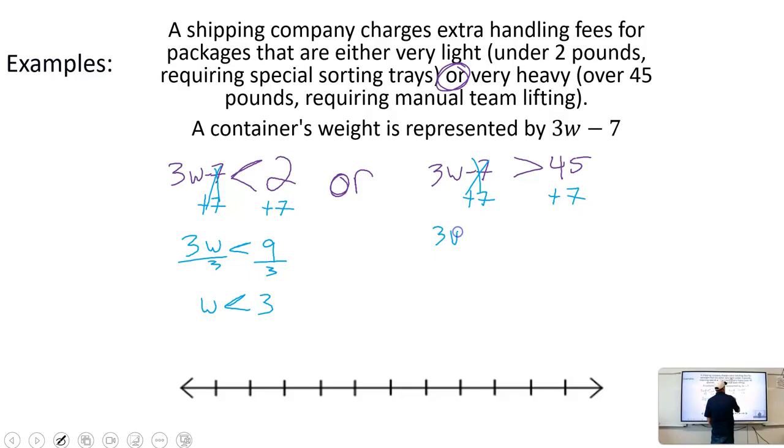And we get 3W is greater than 52. All right, so let's go ahead and divide both sides by 3. And we get W is greater than, we get another decimal on this one. Yay, 17.3 repeated.